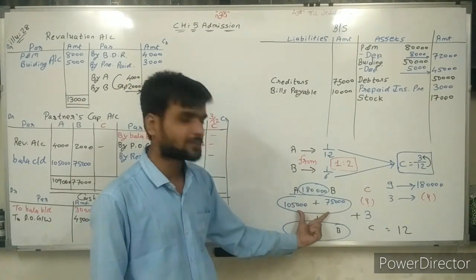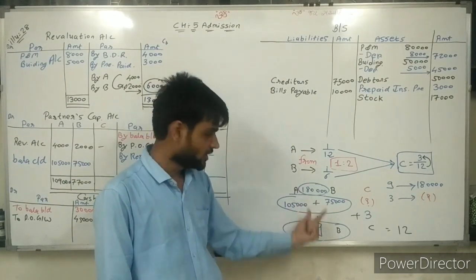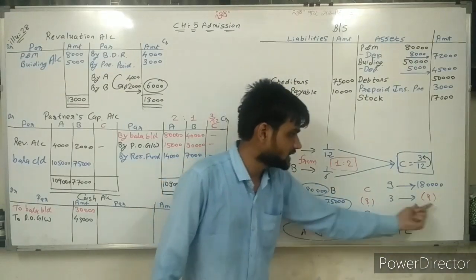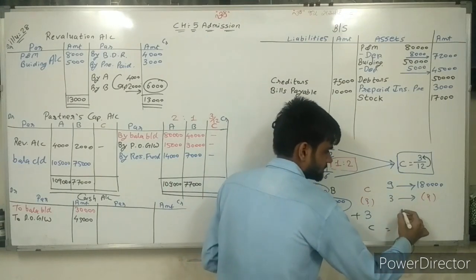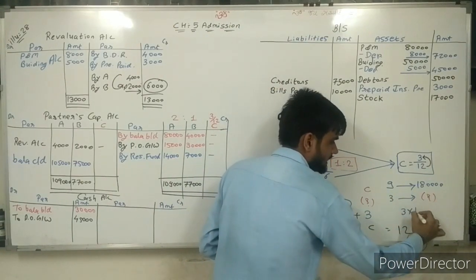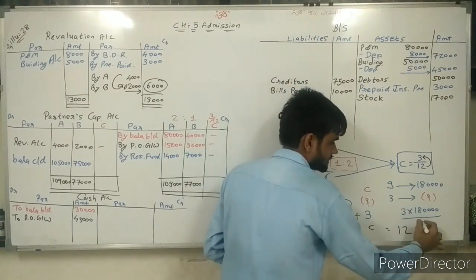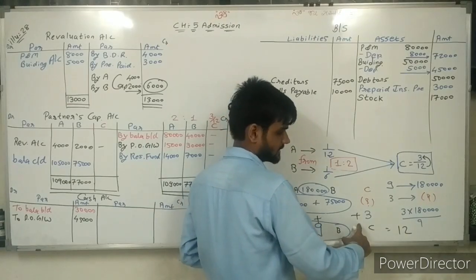Now 2 partners' closing balance is already given, so the total of these 2 is 180. For 9, 180. What for 3? Now calculate. 3 multiplied by 180 divided by 9. Solve it. We are getting the value for C.